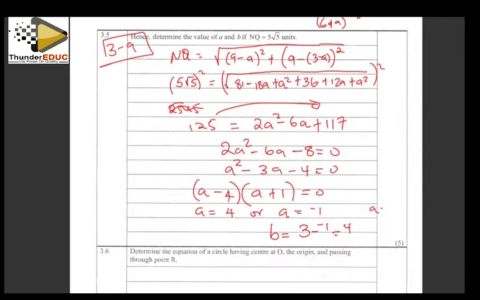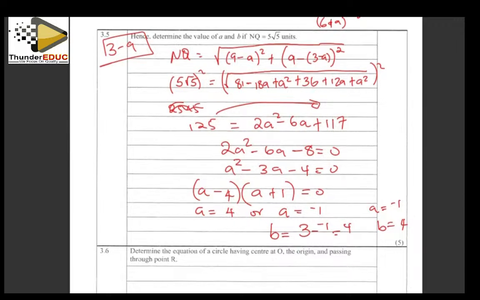So A is negative 1, and B is going to be a positive 4. So that is what we would have obtained if we were to look for the values of A and B.